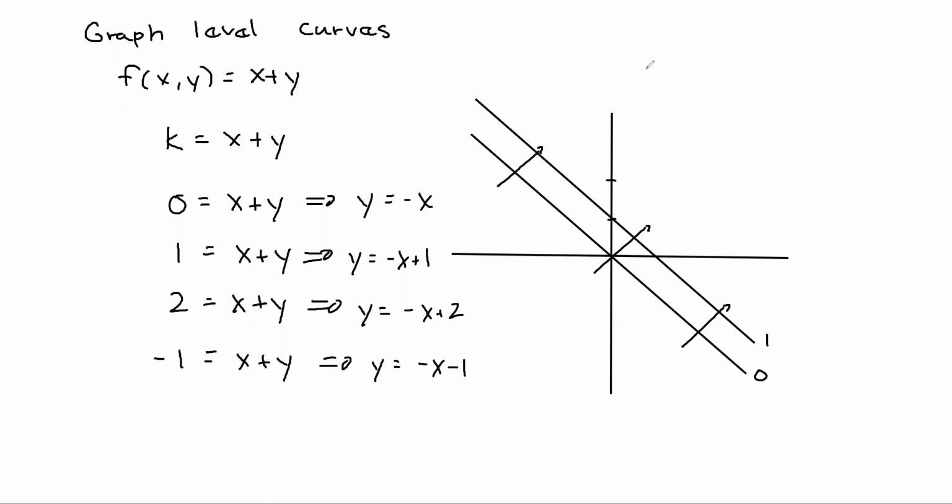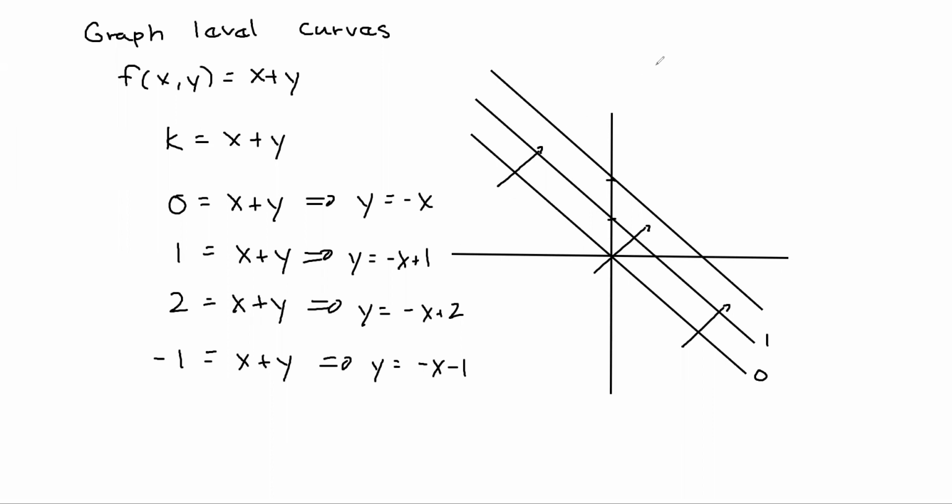And that continues with the next line, where we've got y equals negative x plus 2, which has a y-intercept of 2 and a negative 1 slope. So you're going to get another line that's parallel to the previous 2. And if we were to walk up this way or here, we would be walking up the same slope, right? The same steepness.